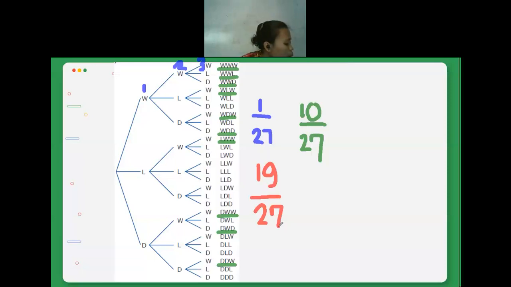for question B4, the probability that the team either draws or loses all three games. What is the probability? It can be loses or draw. Anyone maybe want to help me to tell?